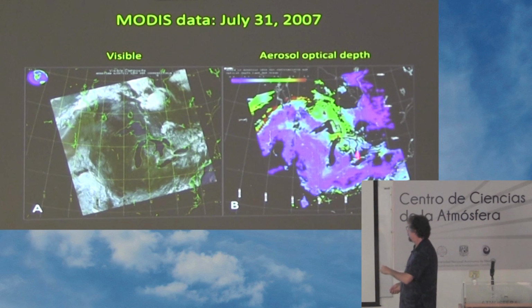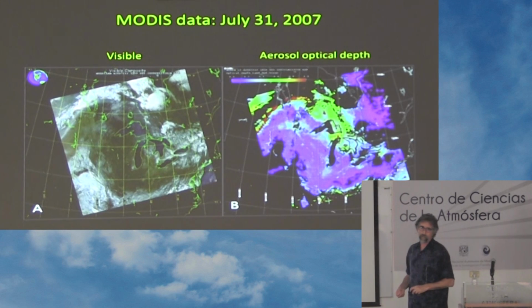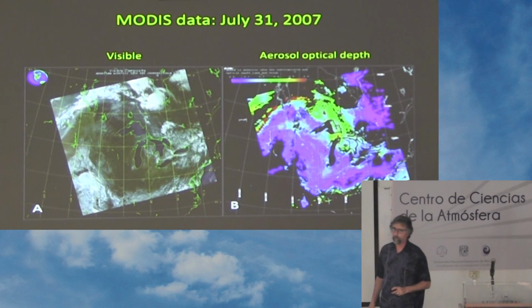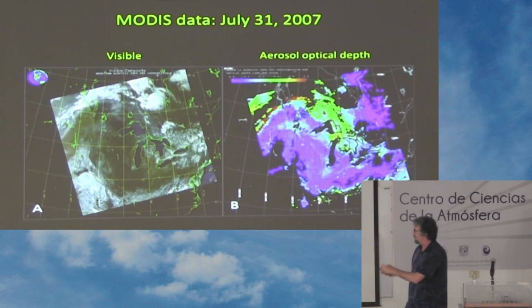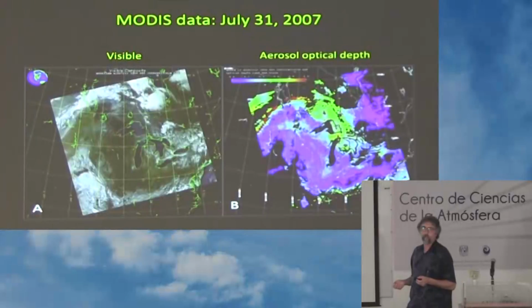So in this particular day, here's the Great Lakes, North America. The highest values are red. So this area here corresponds to forest fires in Canada. And this is a visible satellite image, also available from MODIS.